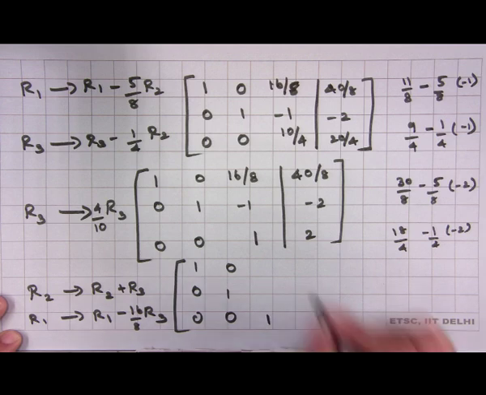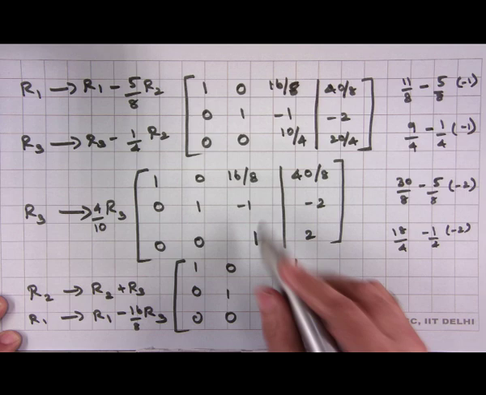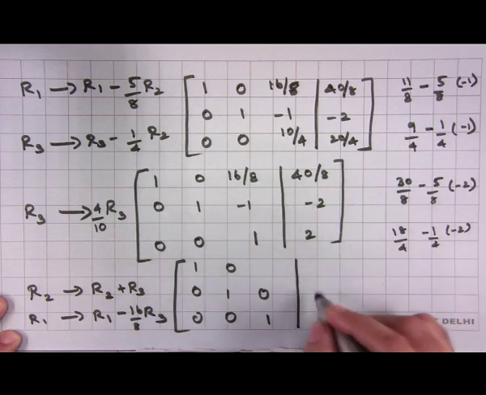And the last one, this one. R2 is replaced by R2 plus R3. I will have a 0, this plus this, which is going to give me 0.